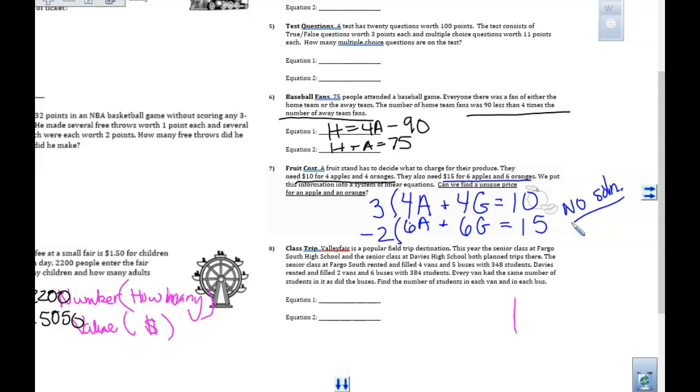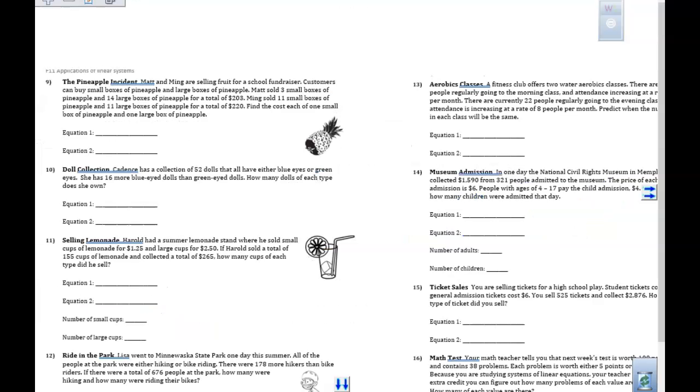Okay? I want to take a look at the lemonade stand. There was a small cup of lemonade for $1.25, a large for $2.50. Harold sold a total of 155 cups. He collected $265. How much of each type did he sell? Is this almost exactly like the first page where we had the people going into the fair, where you have how many tickets?